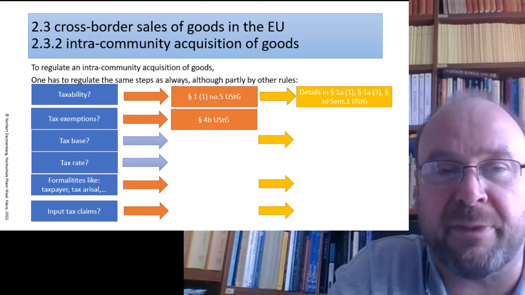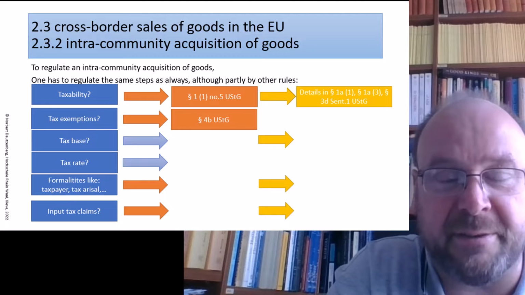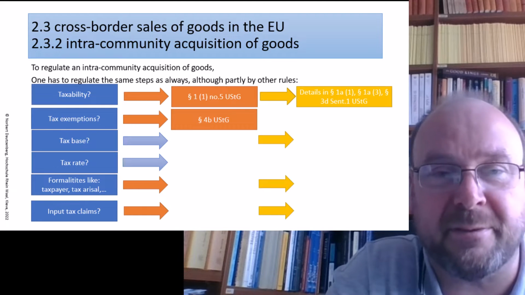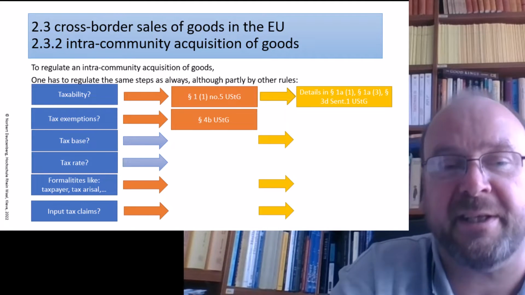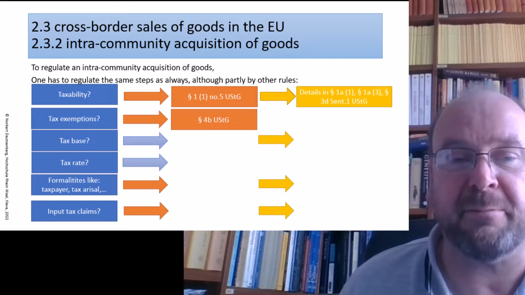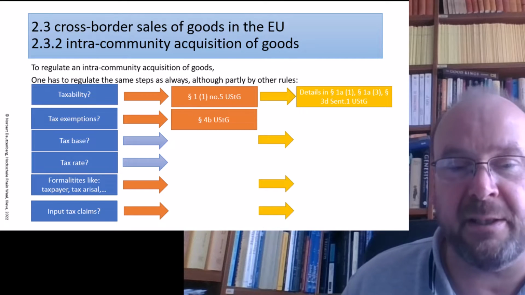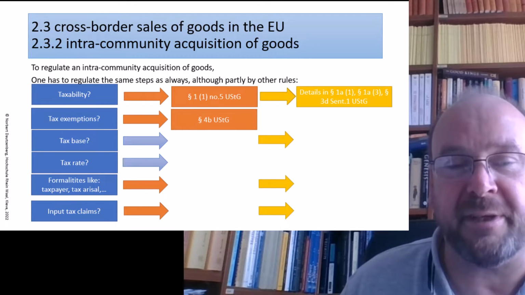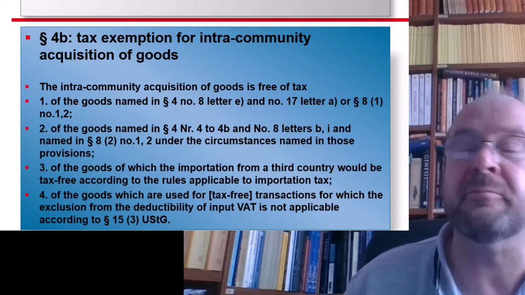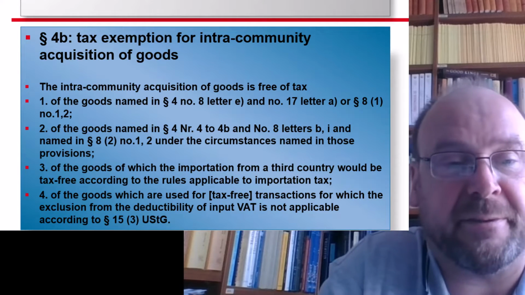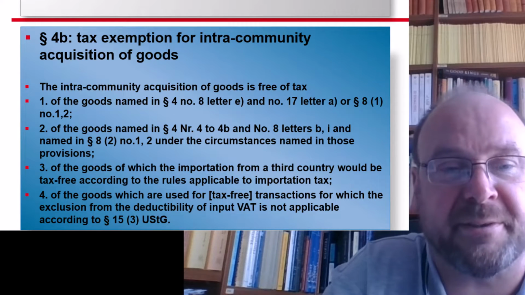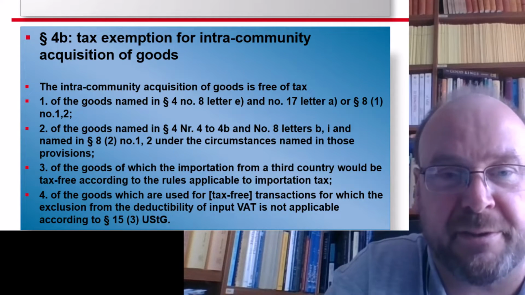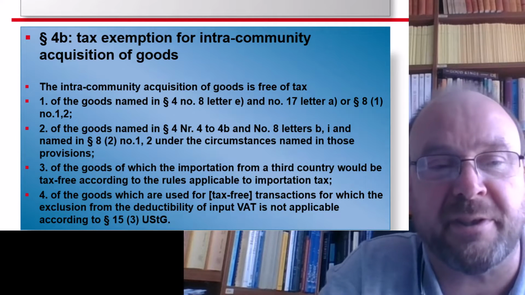And so the legislator decided to establish a separate, different list of tax exemptions for the acquisition case. This is in Germany placed into paragraph 4b, and we should have a look on that. As expected, here it is. Paragraph 4b is the very, very small list of tax exemptions which can be considered in case of an intra-community acquisition of a good.